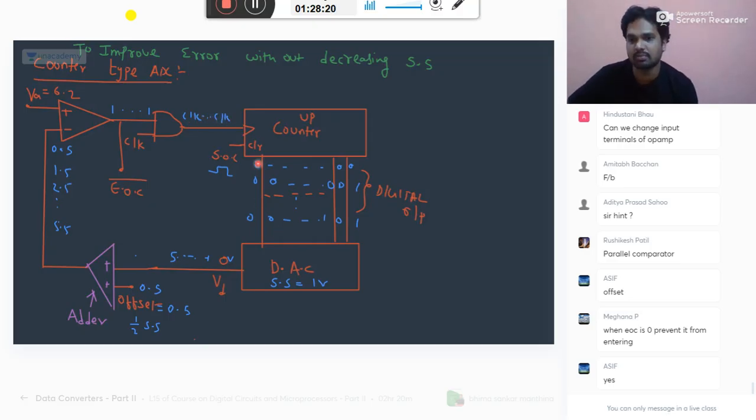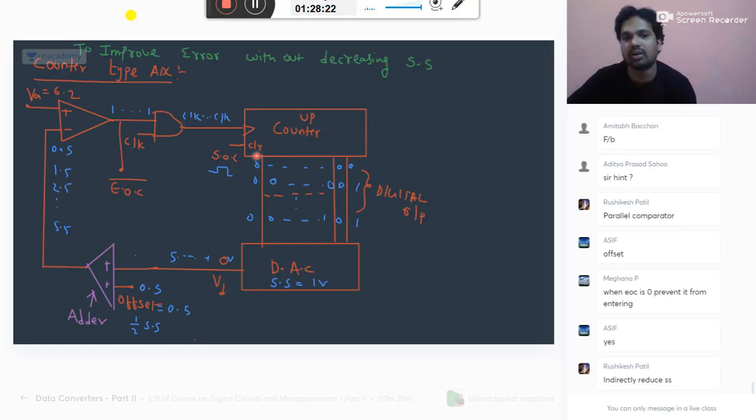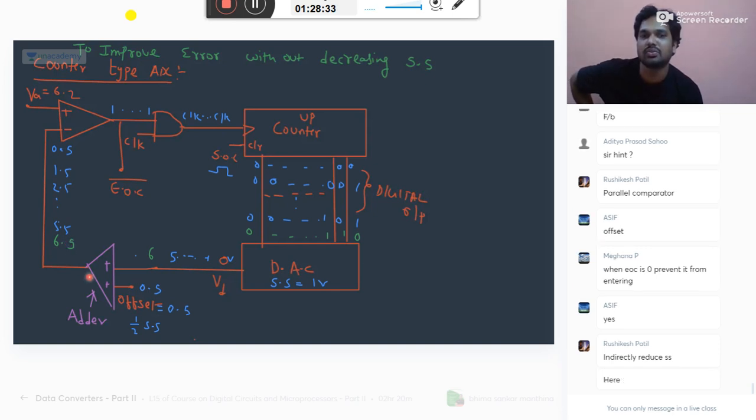In the next clock, what happens? Here you get 6. Then what will you get here? 6.5. Stop. So 6.2 and 6.5, you get 0 here. Lock it.